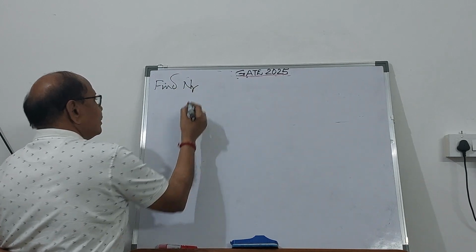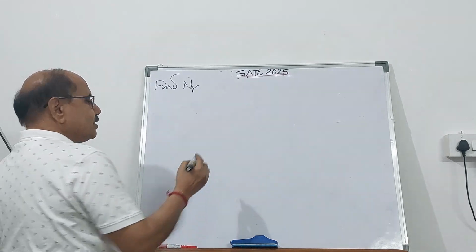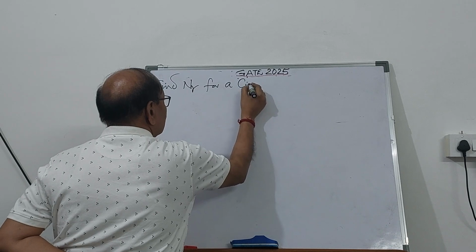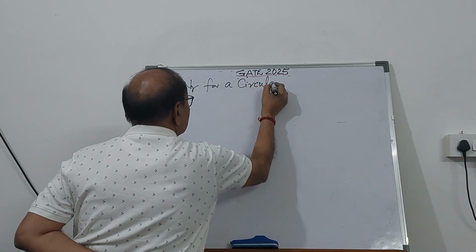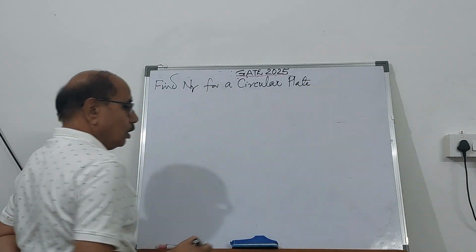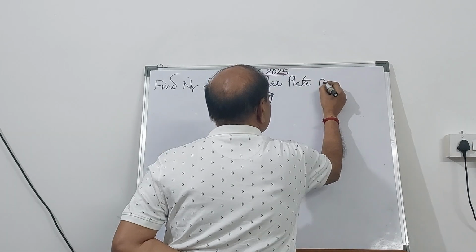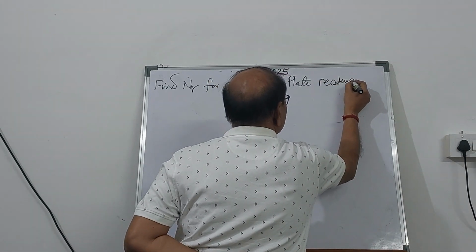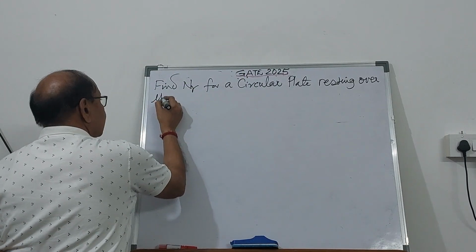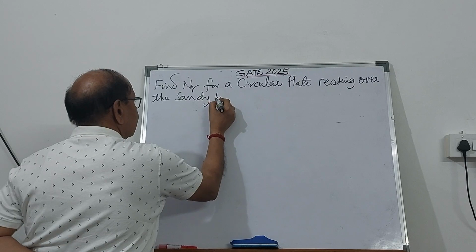It's a bearing capacity problem based on a plate load test. Find N gamma for a circular plate resting over the surface, resting over the sandy bed.